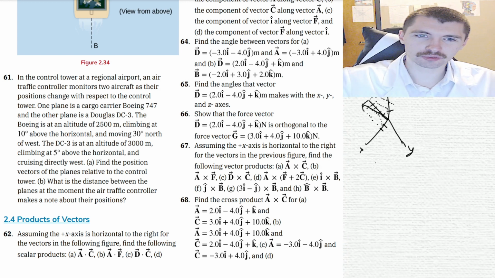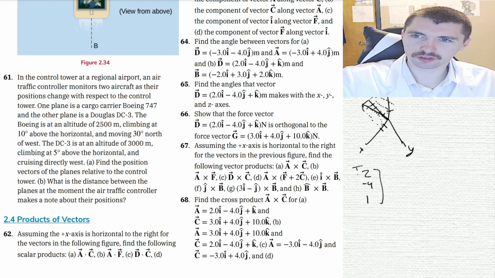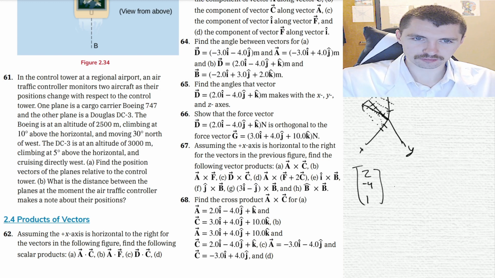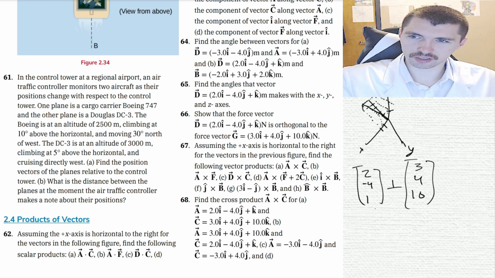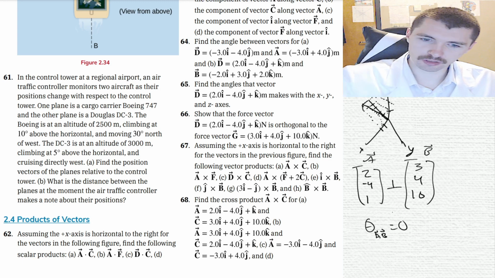All right, show 2, -4, 1. Show that this is orthogonal to G. Okay, if I recall, orthogonal means the angle between, this is A and this is B, then the angle between A and B should be 0.